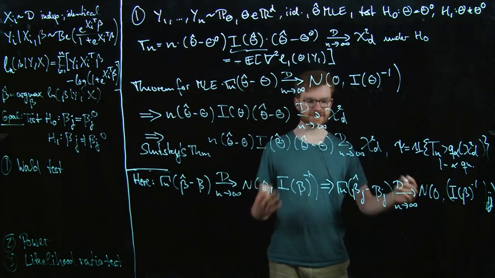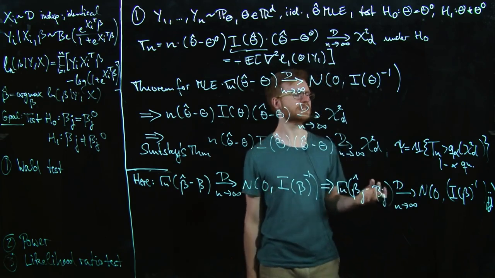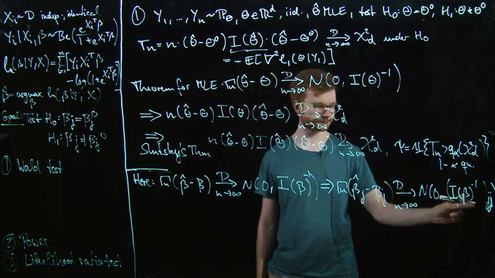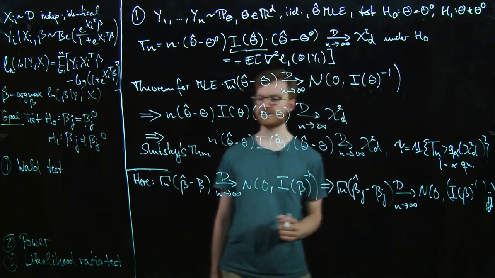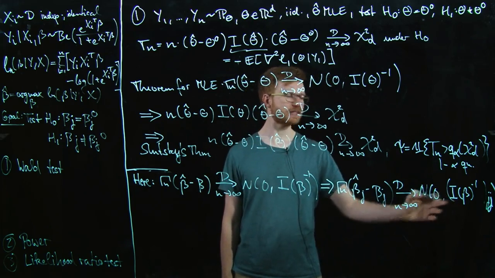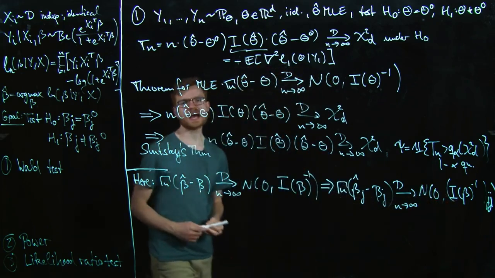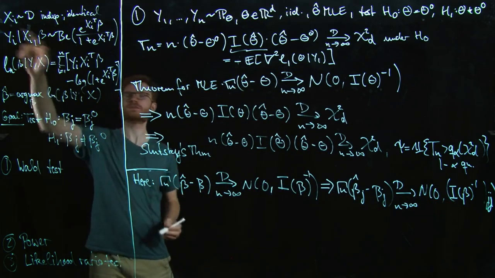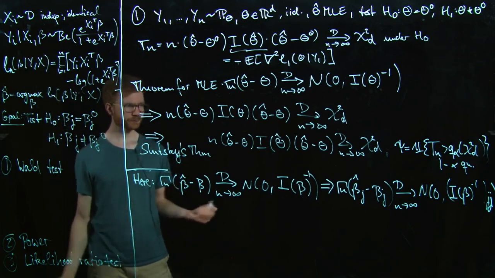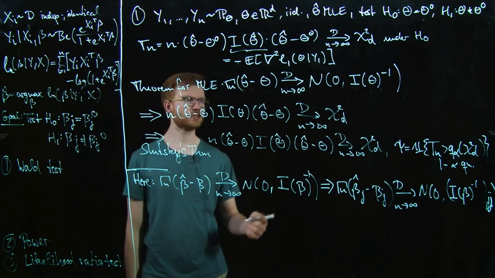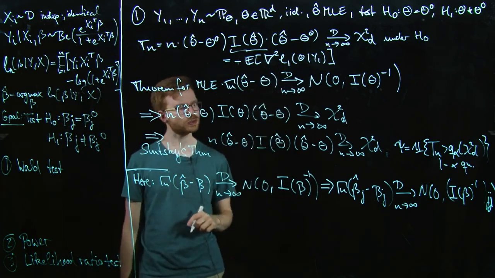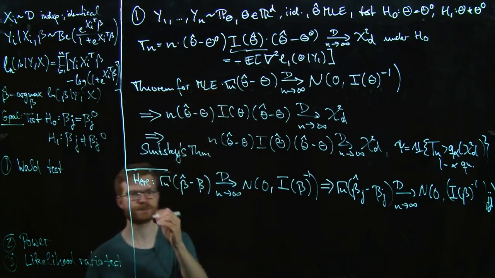Cool, and that's almost it. So now the only thing I have to do is, again, normalize by this. And then the only problem that remains is I have to get my hands on an estimate of I, because I is not explicitly known, since the distribution of the xi is not known. For this, I would just suggest using, for example, this. This is defined as an expectation, so let's just take an average.